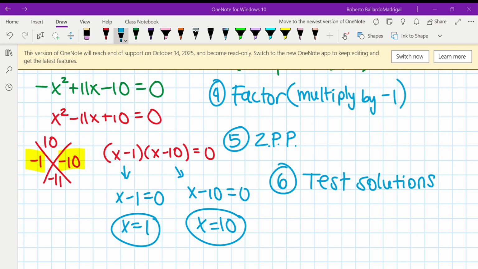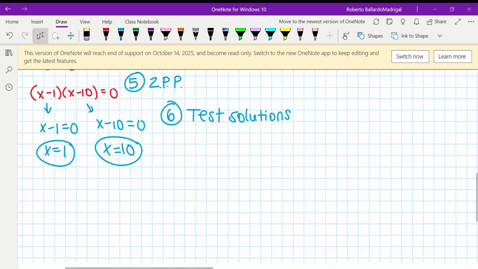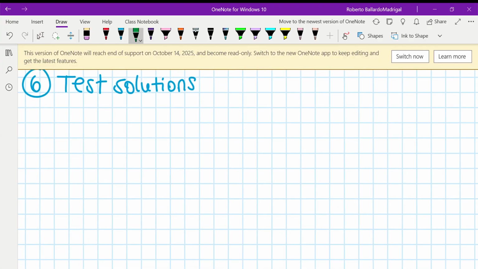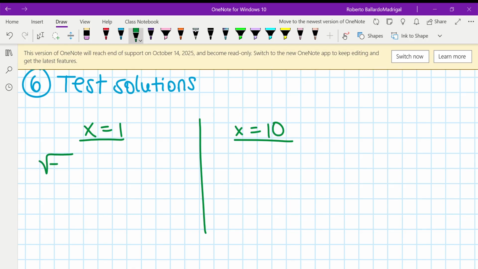So let's go ahead and do this part here on the side. To test the solution, let's start with when x equals 1, and then we'll do when x equals 10. All right. So when x equals 1, we're going to take our initial equation, which was, let me rewrite this, radical of negative 10 plus 11x.